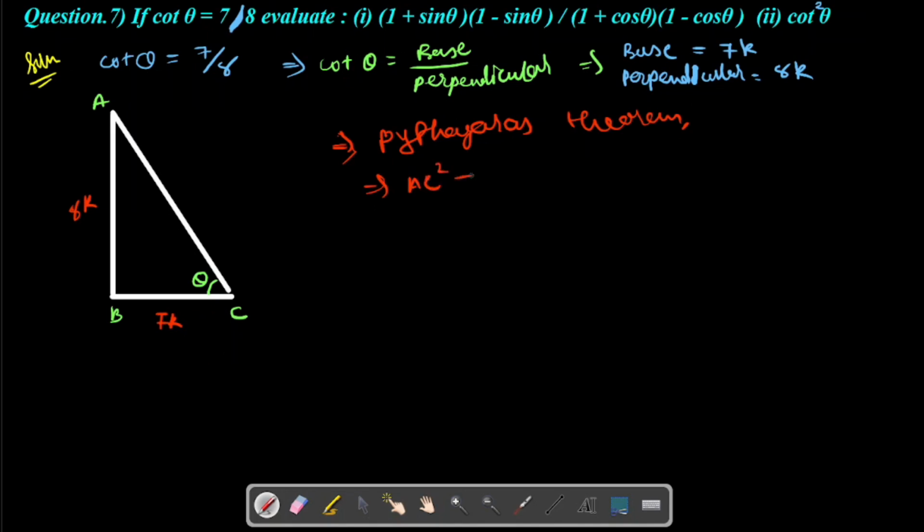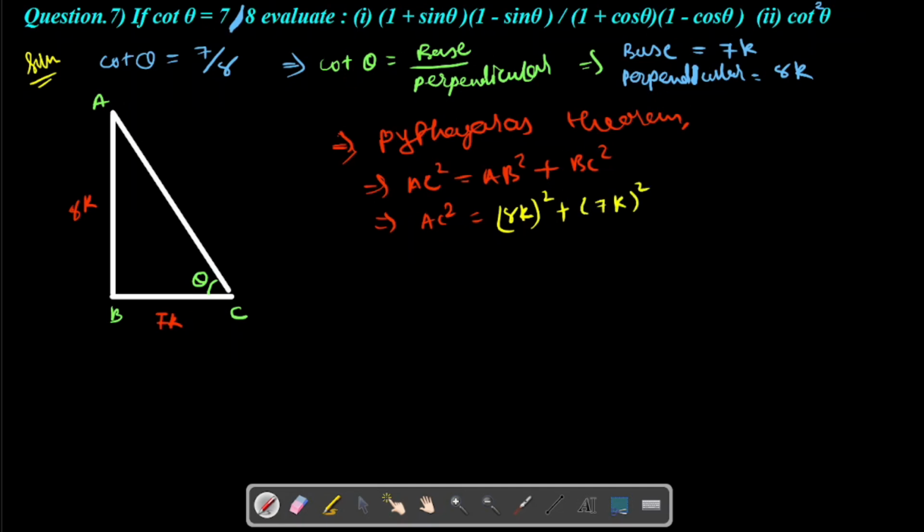AC square is equal to AB square plus BC square, right? We have this. Now we have to find AC square. So we write this equation as it is. Now, what is AB here? AB is 8k, so it is (8k) whole square, plus BC is 7k, so it is (7k) whole square.